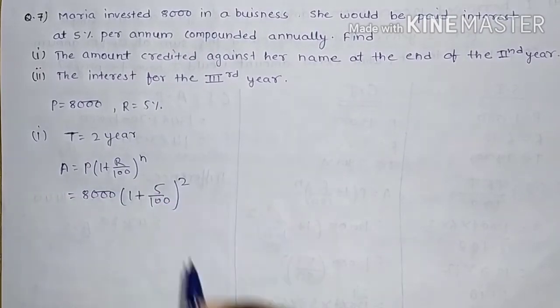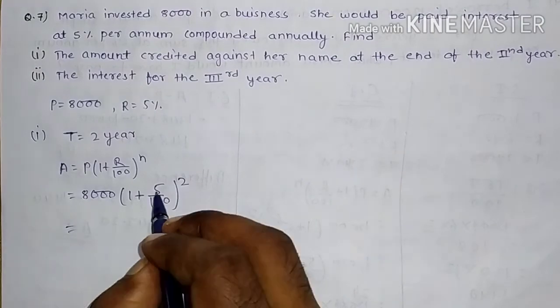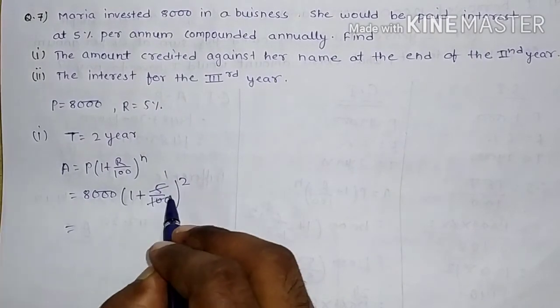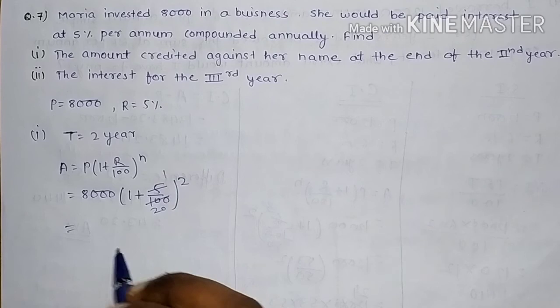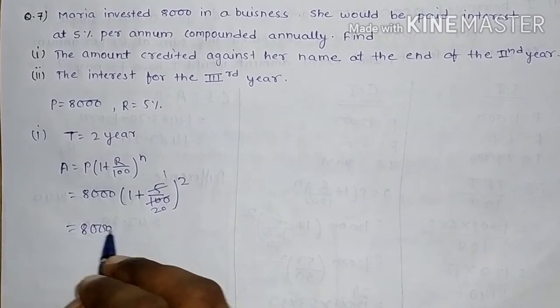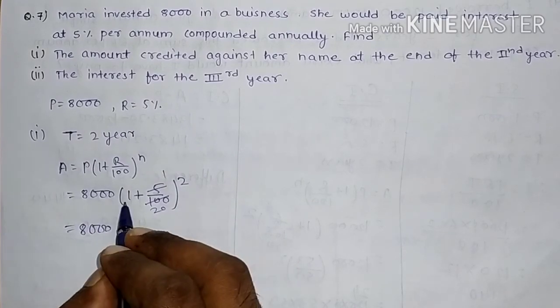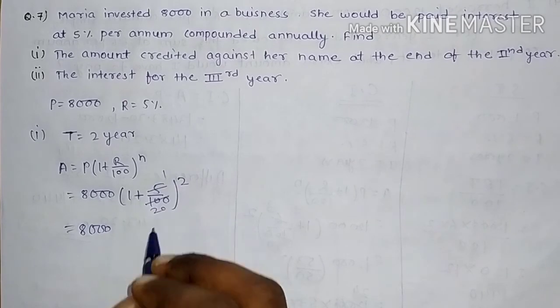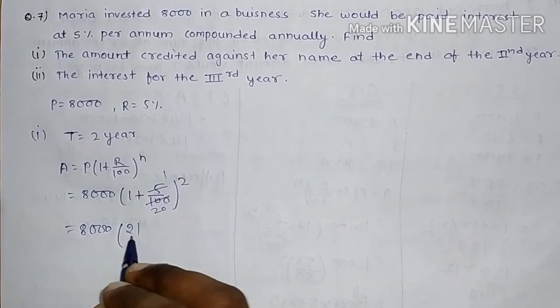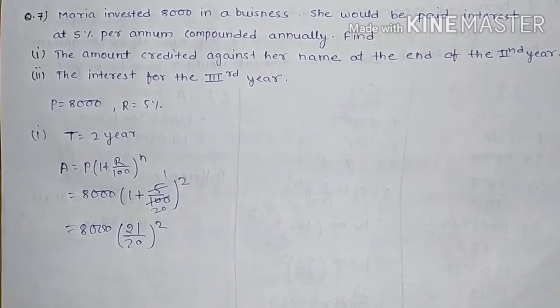Simplify it: 5 twos are 10. 8,000 times 20 plus 1, that is 21 upon 20, to the whole square.